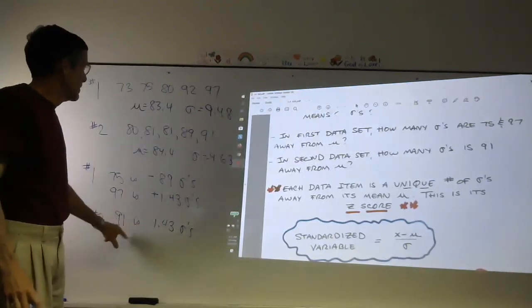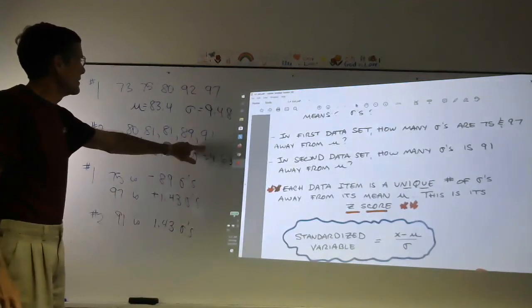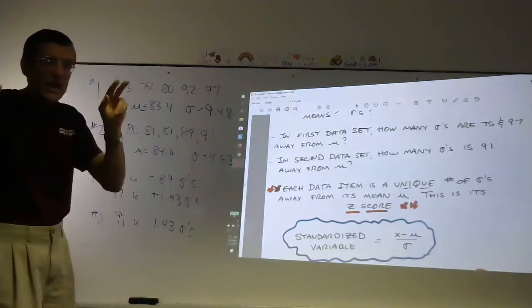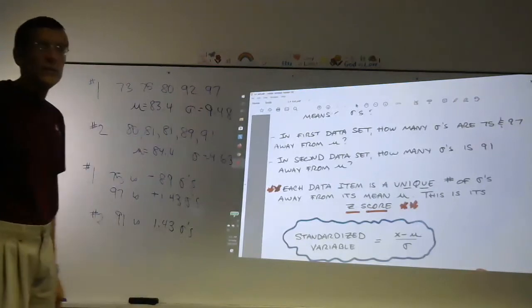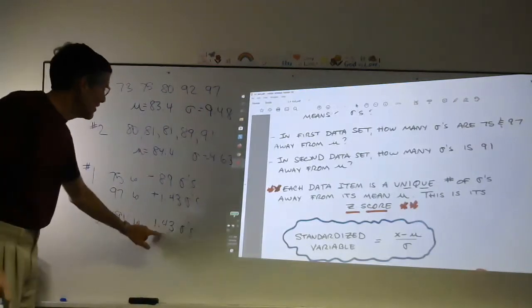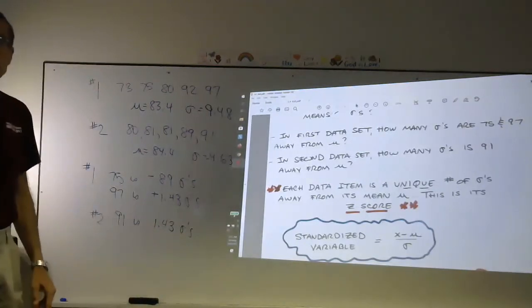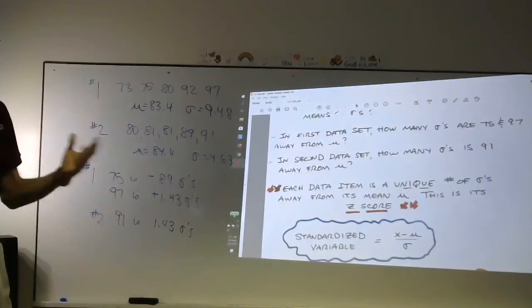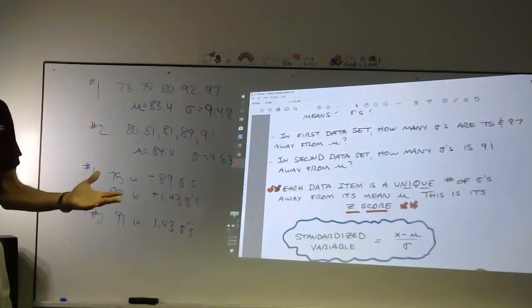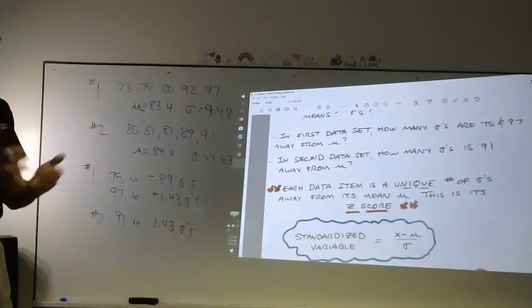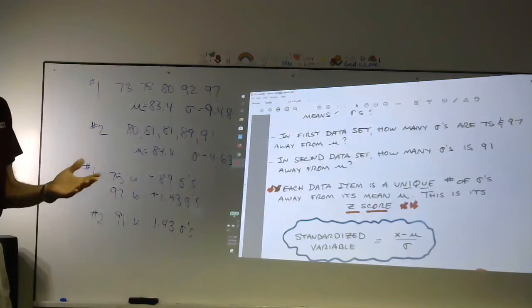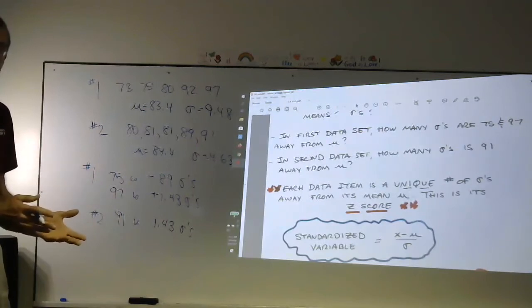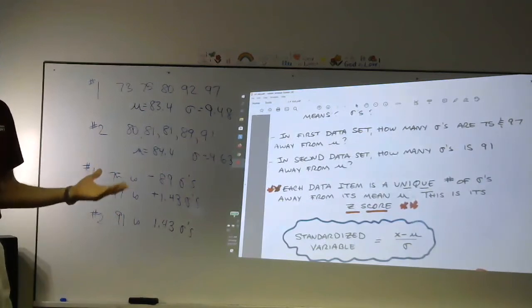91 here in the second set is the same as 97 in the first, because it is the same number of standard deviations away from the mean, all right? In other words, if you're taking a test that has 500 points, and a test that has 40 points, can those scores ever be compared?